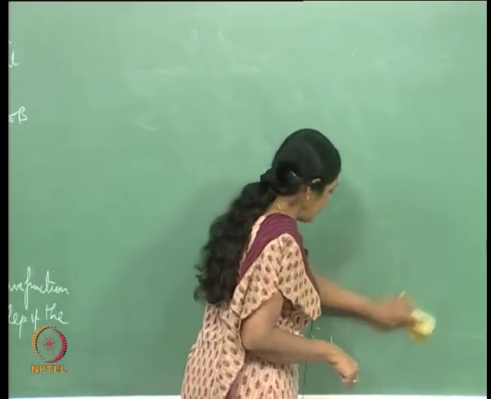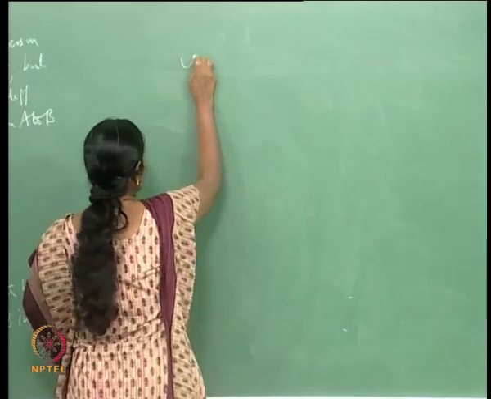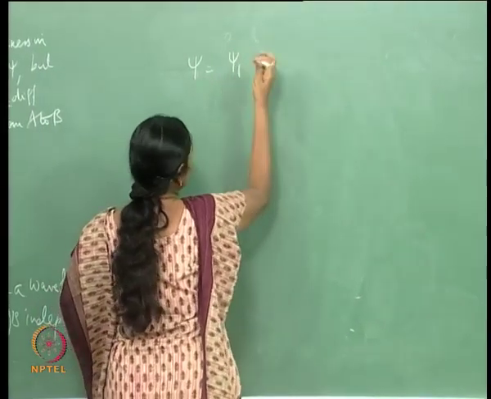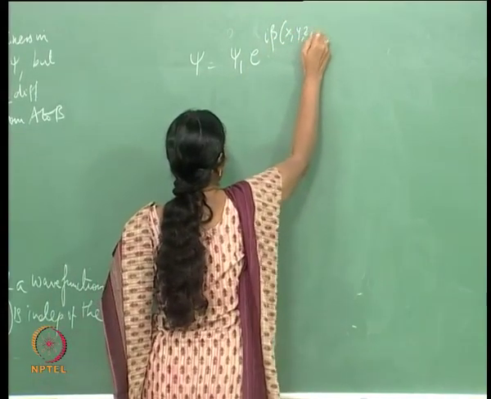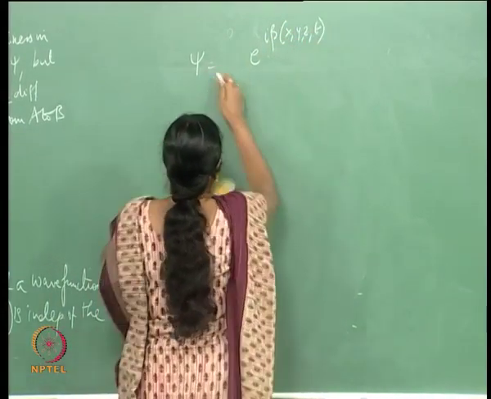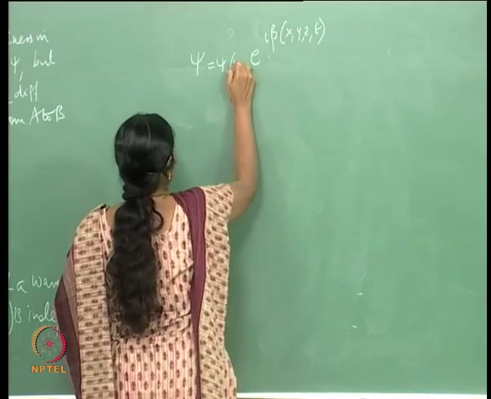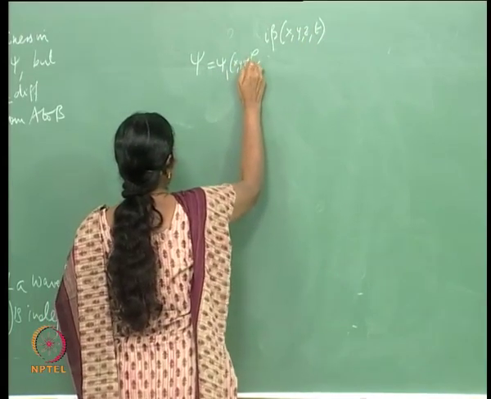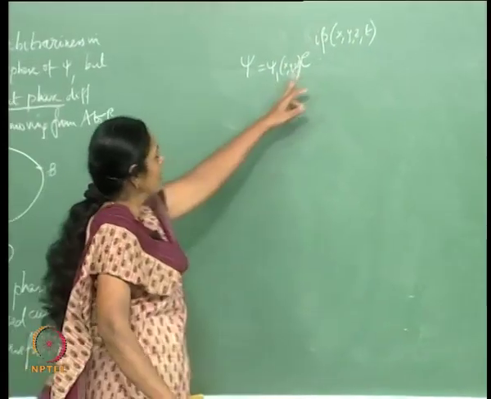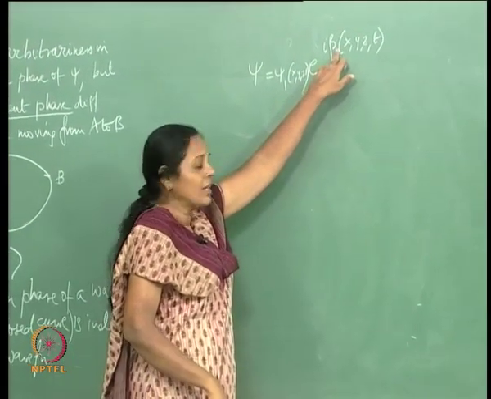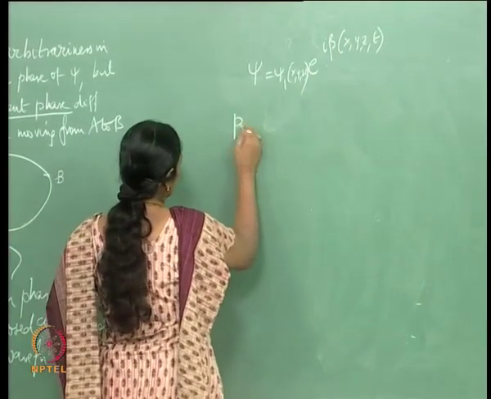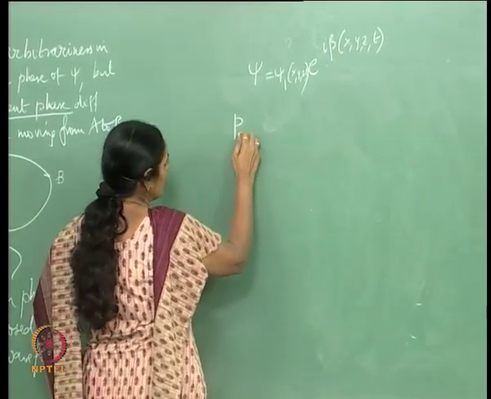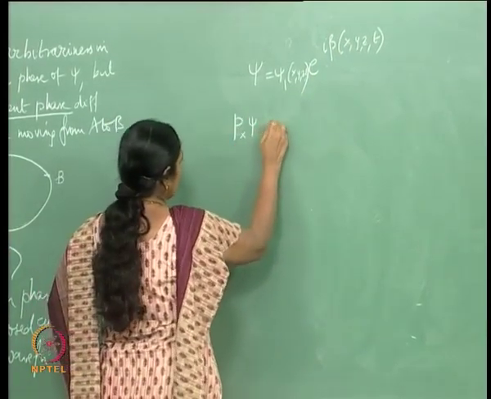Let me start off in general by writing a wave function as some psi 1 of x, y, z, t, and any change in phase which I am going to add up here and call it e to the i beta. Then suppose I consider the x component of the momentum operator, Px psi.